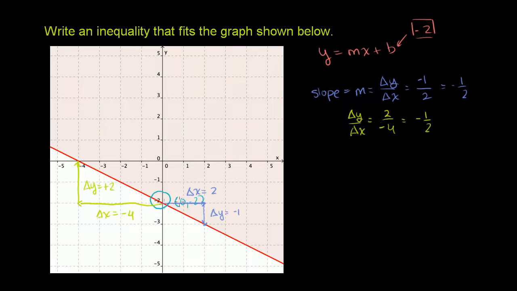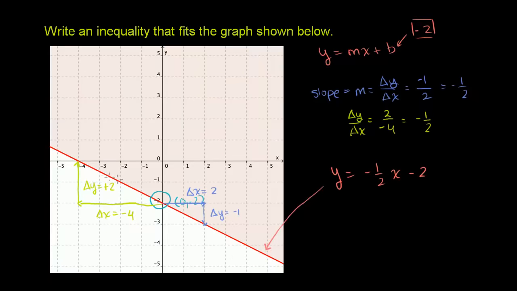It's not dependent on how far I move along in x or whether I go forward or backward. You should always get the same slope. It's -1/2. So the equation of that line is y is equal to the slope -1/2 x plus the y-intercept -2. That's the equation of this line right there.